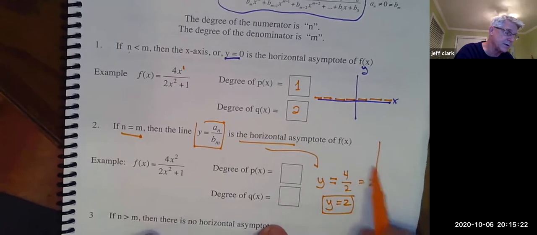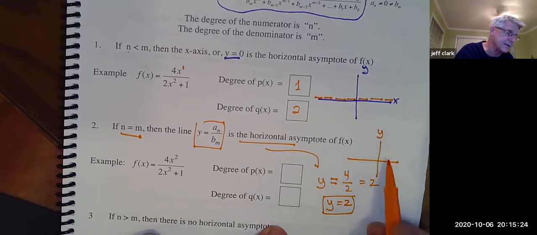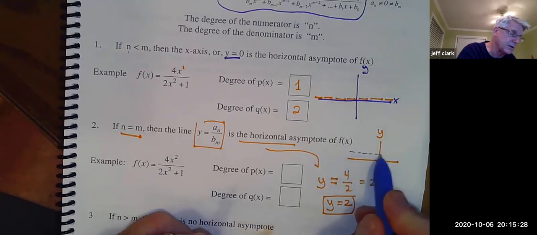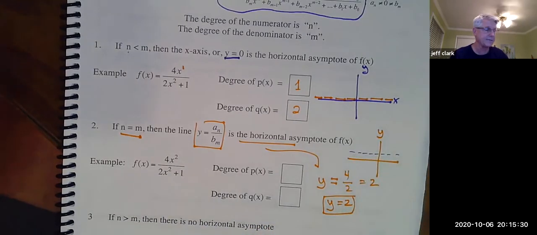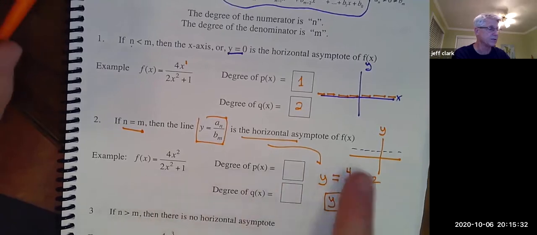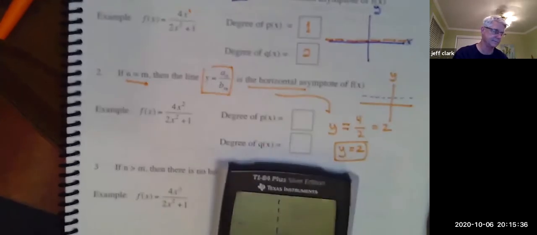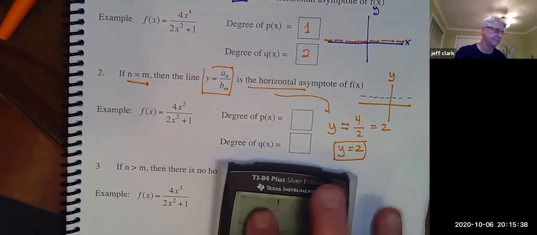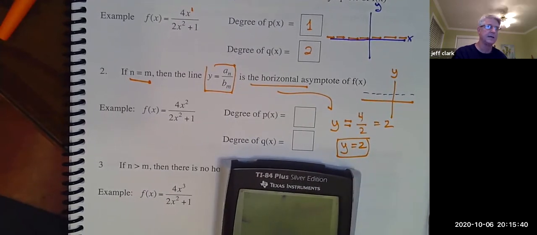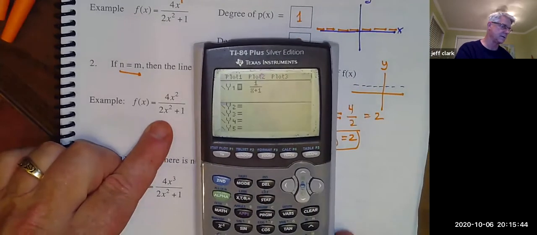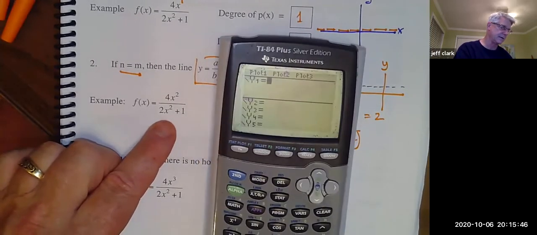So on this one, if this is your y-axis, this would be your y equals 2 horizontal asymptote. Now I'm going to show you what this one looks like in your calculator. Graphing this one right here, clear that out.